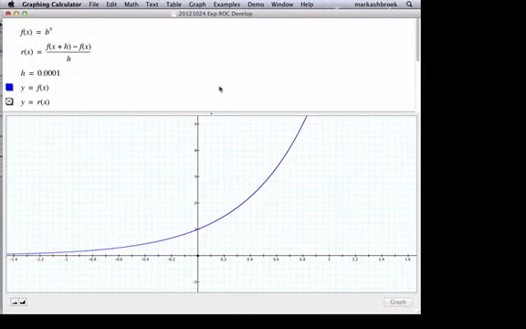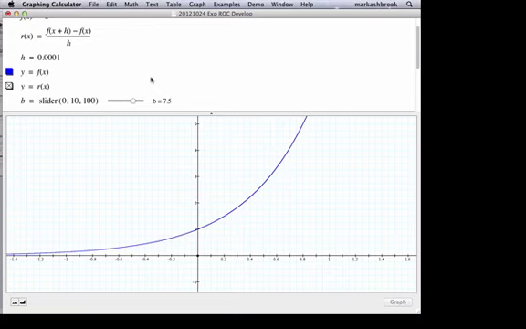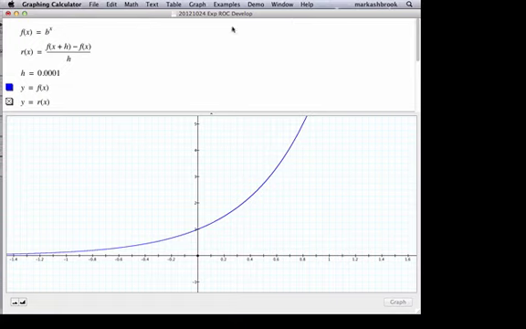So this is 7.5 to the x. This is a good first example. I've set b to be 7.5, set up the open form of the rate of change function, and made h very small. Now I'm going to graph the rate of change function along with the original function.